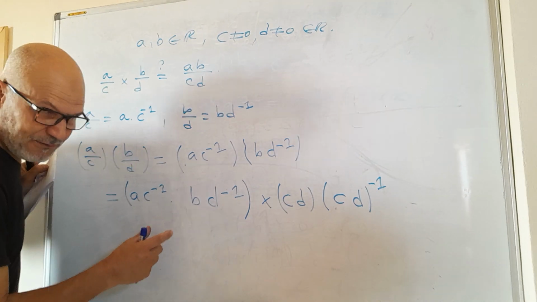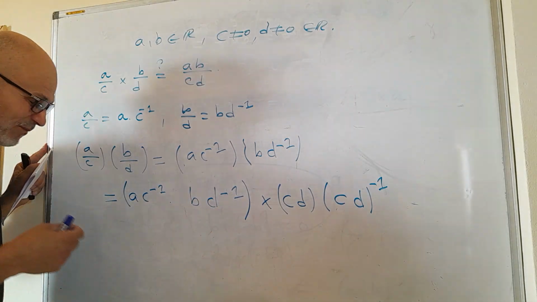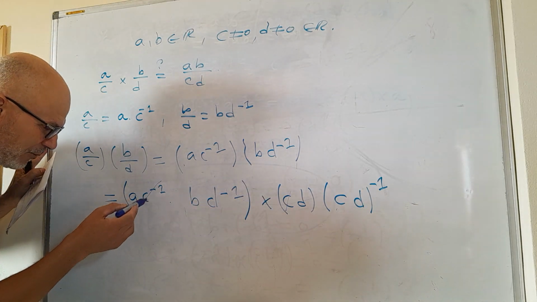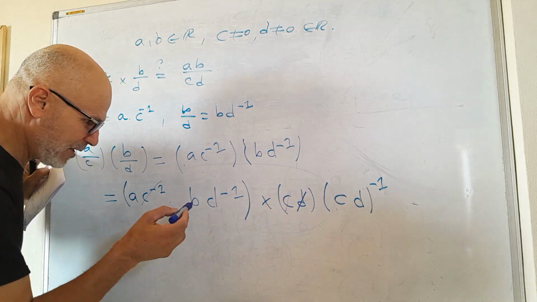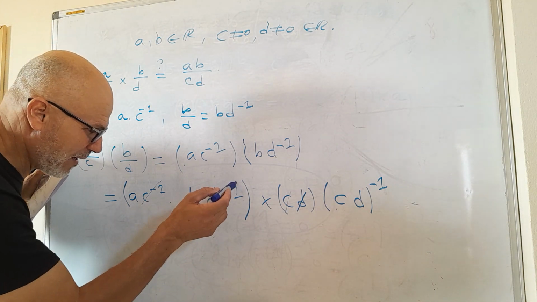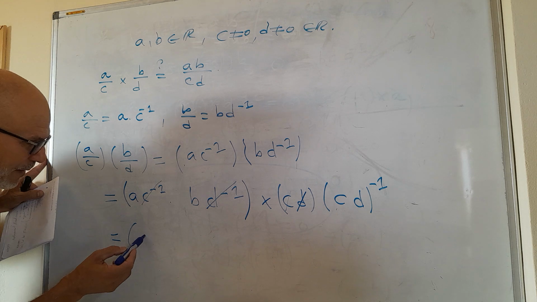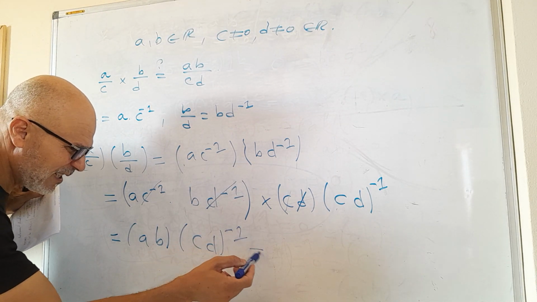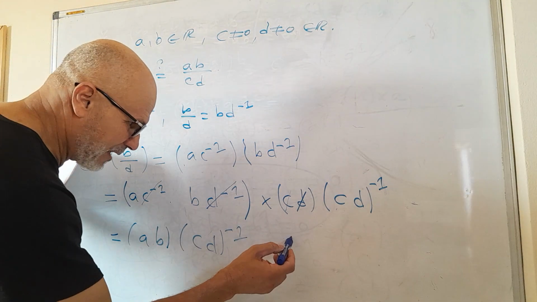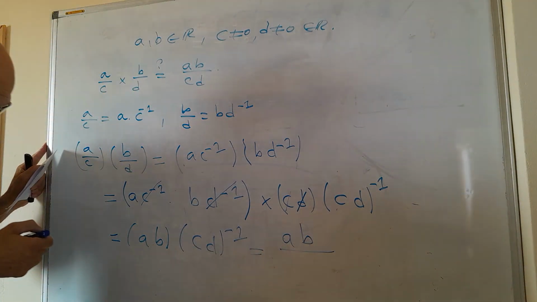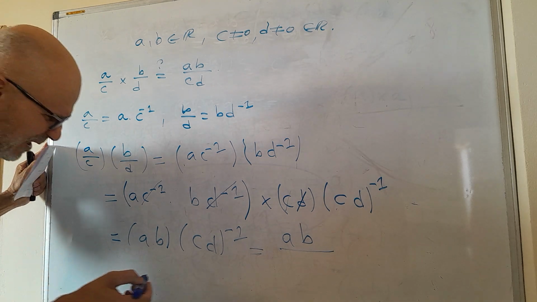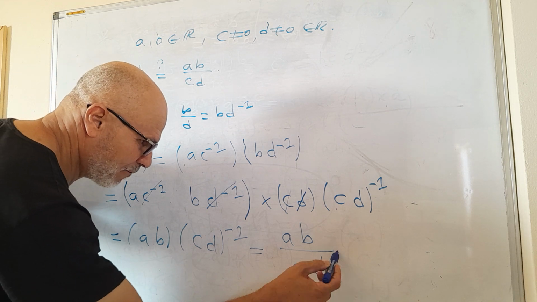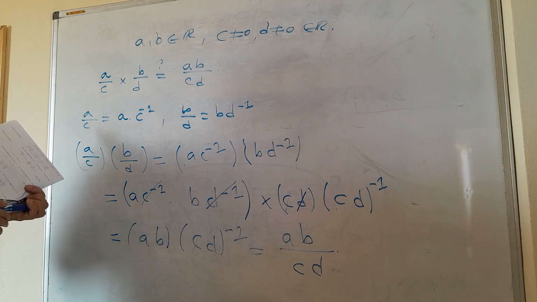Since we have a commutative, associative operation, this one will be cancelled with this one, and this one will be cancelled with this one. So we keep ab times (cd)^-1. And this can be written as ab over cd, which ends the proof.